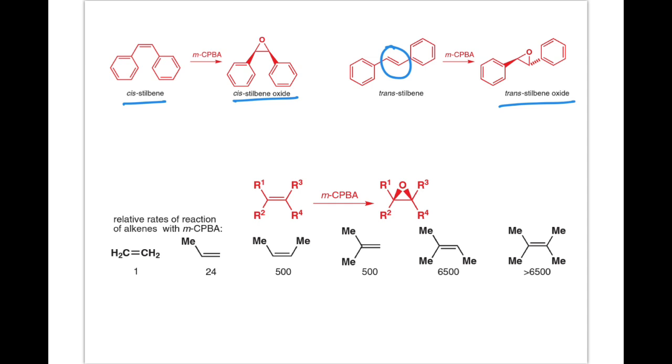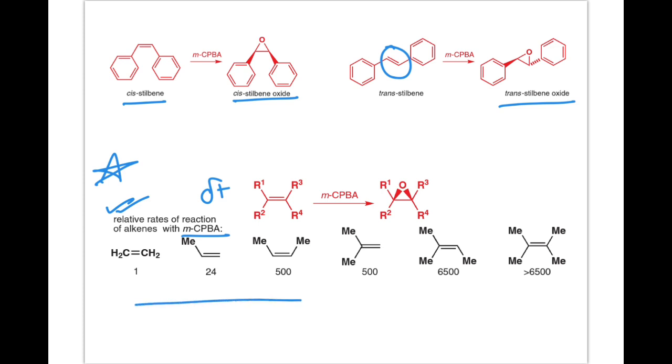Okay, next very very important point is how do we compare the reactivity of alkenes, right? So look at this. With metachloroperbenzoic acid, you have seen the structure and you know that this oxygen is delta positive over here. So to this particular reagent, how electron rich our alkene has to be to react.